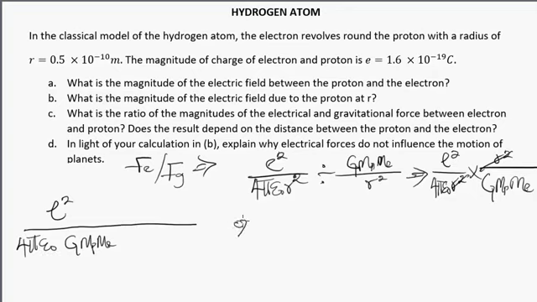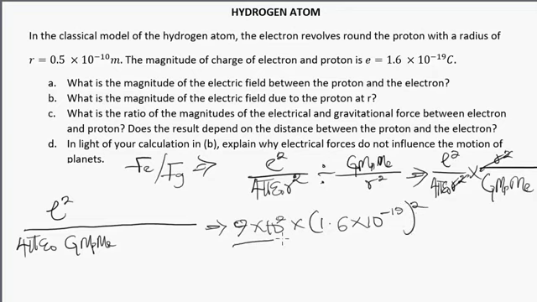is 9 times 10 to the power of 9. Then I'll multiply this by the square of E. That's 1.6 times 10 to the power of minus 19, all squared.